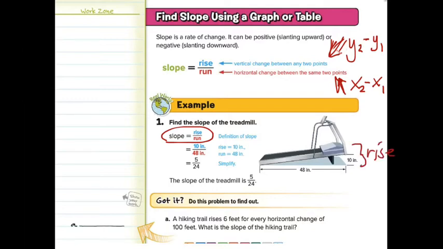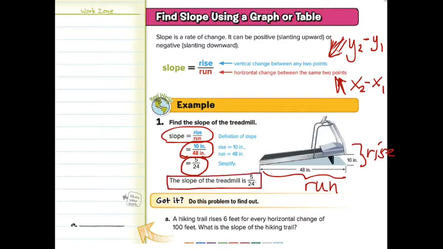Rise, run. Okay, so label the rise, label the run. If we look at our fraction, our rise is 10 inches, our run is 48 inches. And when we simplify that, we divide each by 2, we end up with 5 over 24. So the slope of the treadmill is 5 over 24.